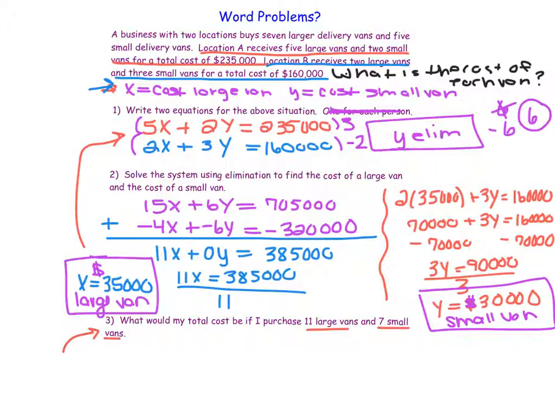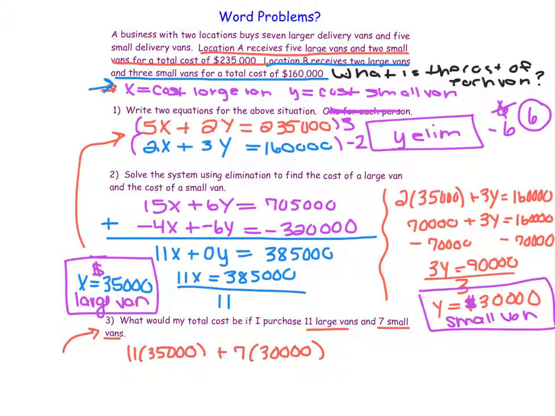Well, we can just use the two values that we found concerning cost. I would take 11 times 35,000 plus 7 times the 30,000 for a small van.